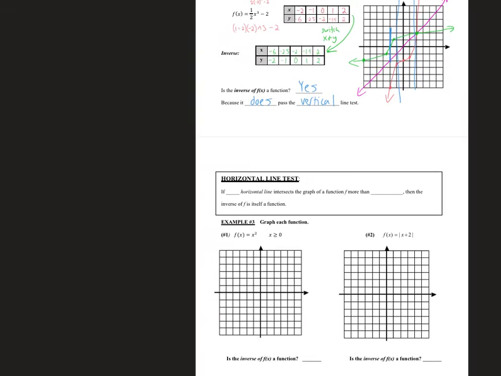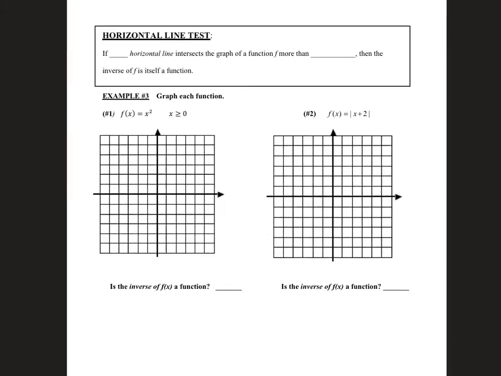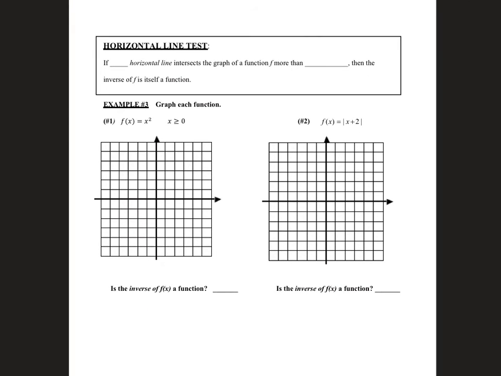All right, now we're going to do something called the horizontal line test, which is how you check whether the inverse of a function will be a function before you even graph it, okay? Well, I guess you kind of have to graph it, but before finding the inverse and graphing the inverse, you can tell whether it's going to be a function or not, which is kind of cool.